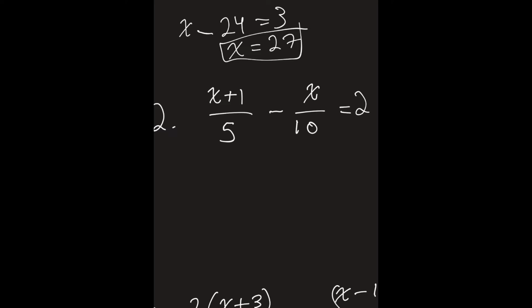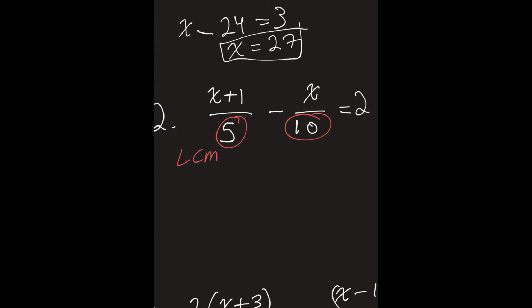When you look at this equation, we have x plus 1 over 5 minus x over 10 is equal to 2. And how do you decide what number to multiply throughout the whole equation to clear everything? Well, you want to think of the lowest common multiple, the LCM, of the denominators.